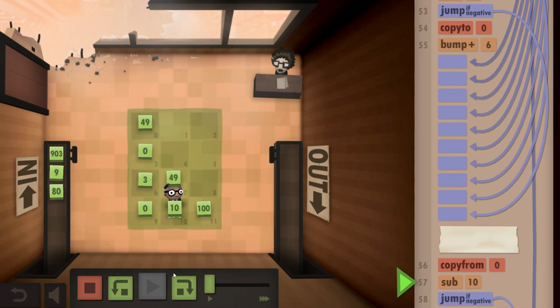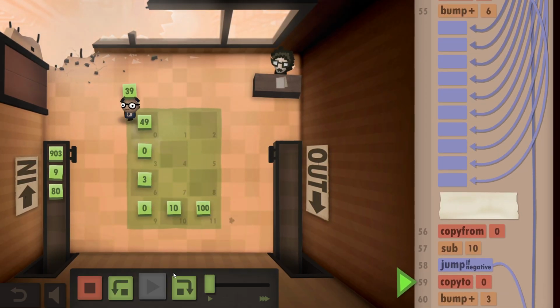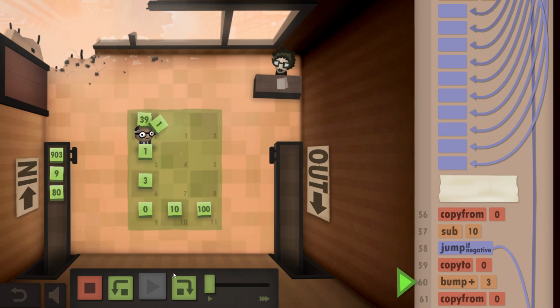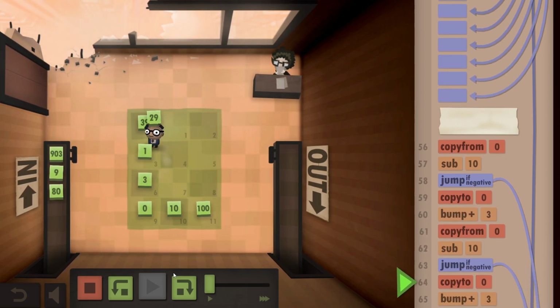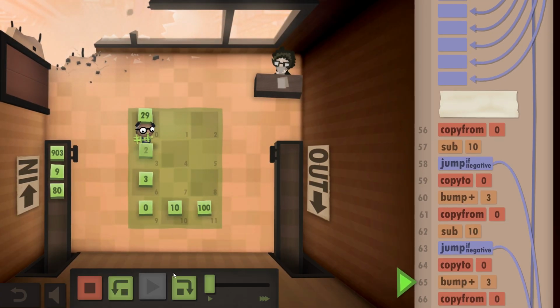It's negative, we are jumping all the way down, doing the same thing. This is waste of space.